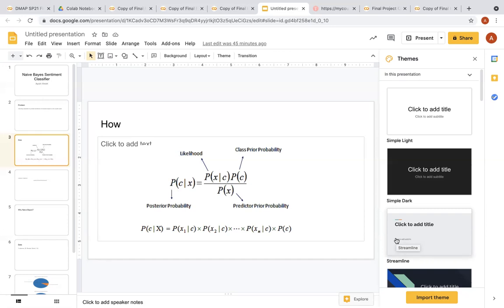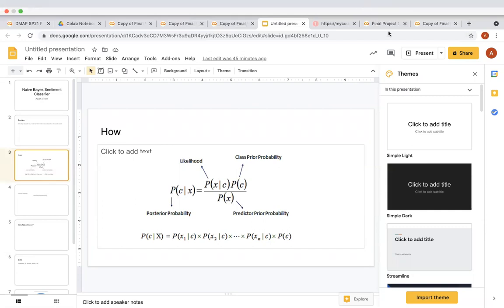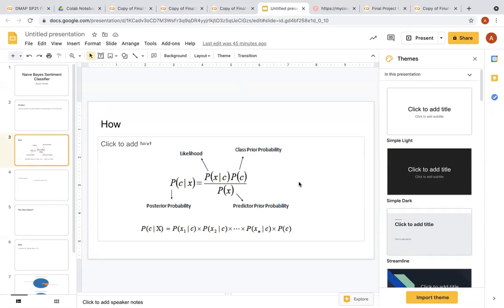So that's how the likelihood probabilities are calculated. They are essentially a product of these individual likelihood probabilities, where each probability is the probability of each word given the class, either positive or negative.